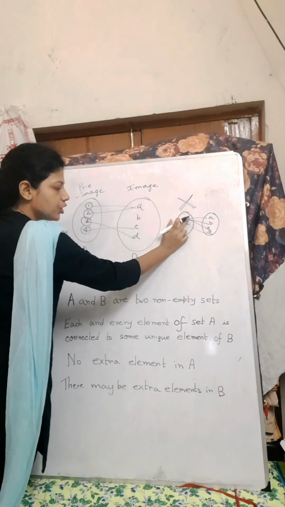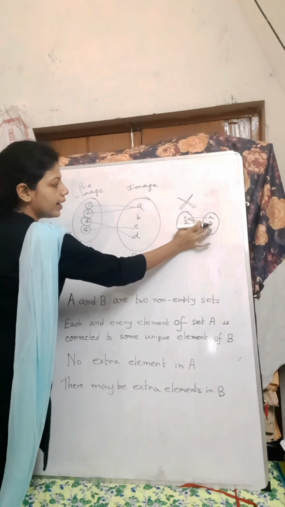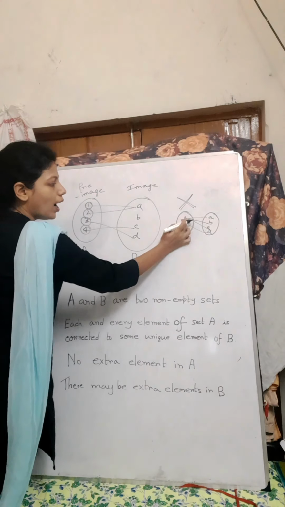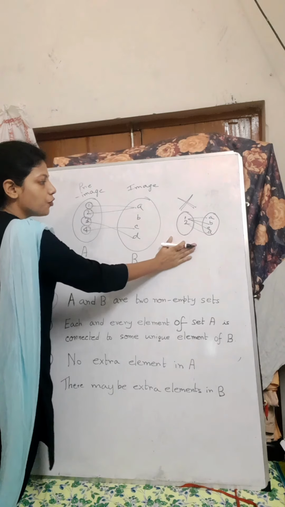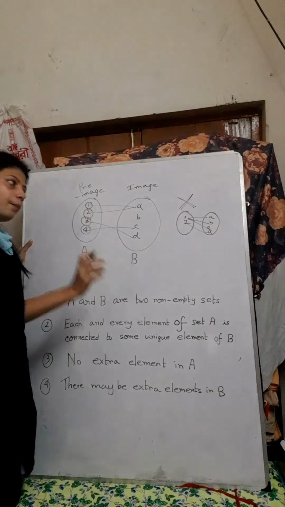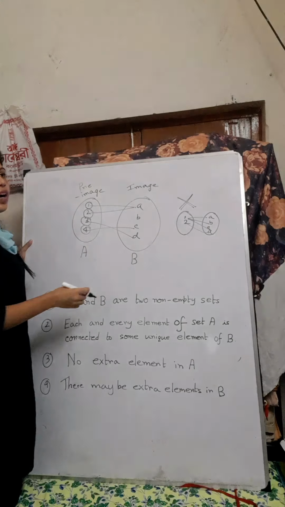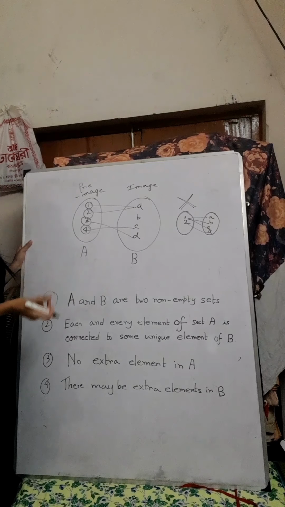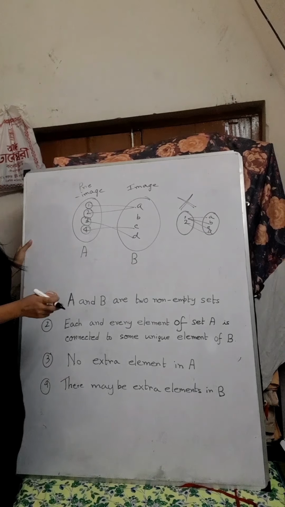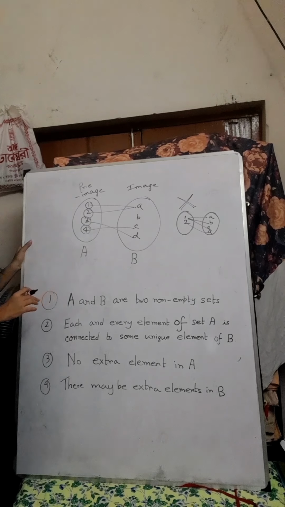One pre-image can't have more than one image. So 1 to many is incorrect for function or mapping. But this is definitely a relation. So we can say all the functions or mappings are also relations, but all the relations are not functions or mappings.